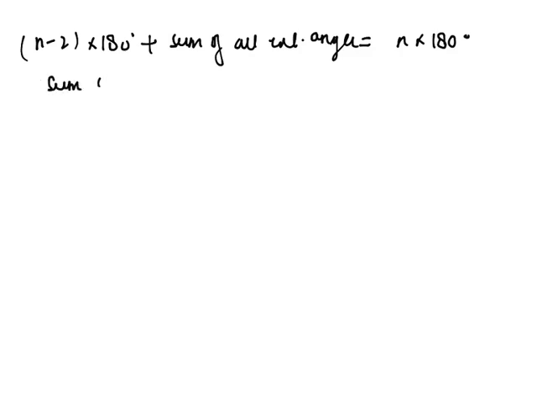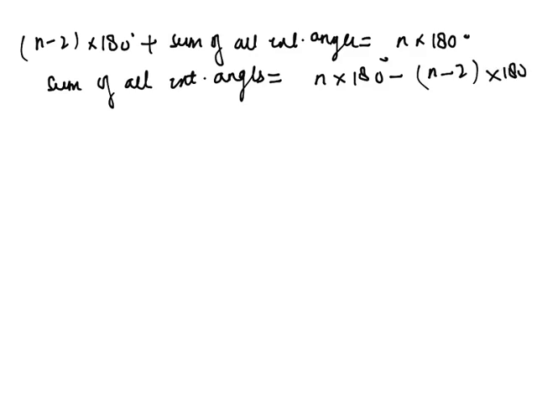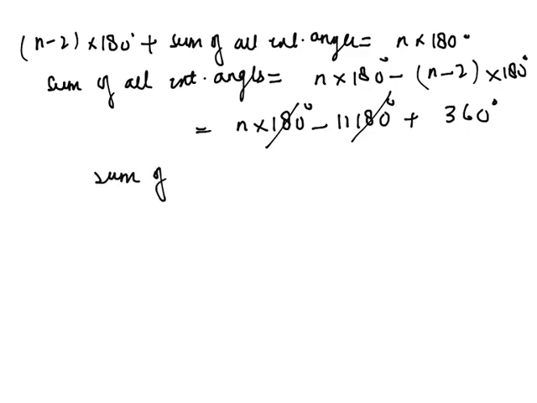The sum of all exterior angles will be equal to n into 180 degrees minus (n minus 2) into 180 degrees. Now we can open the bracket. Here we will get n into 180 degrees minus n into 180 degrees plus 360 degrees. So this will cancel and give us 0. It means the sum of all exterior angles of a quadrilateral will always be equal to 360 degrees.